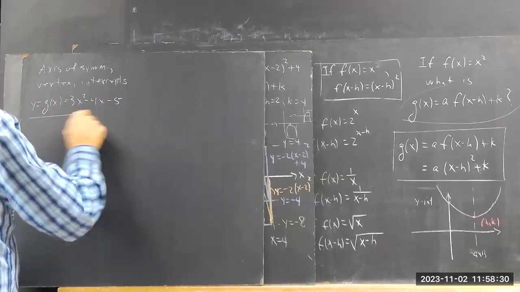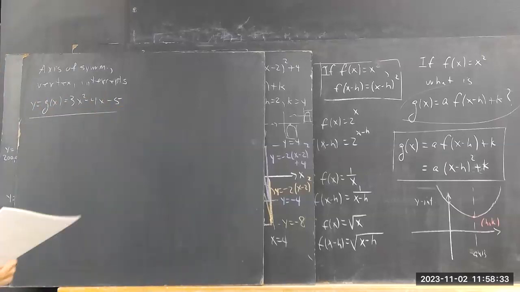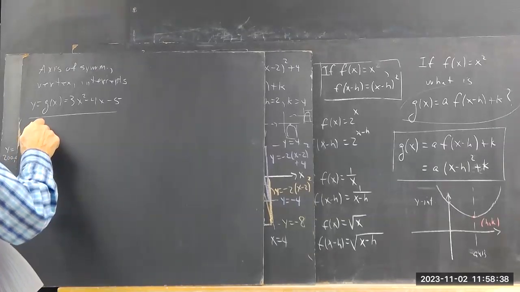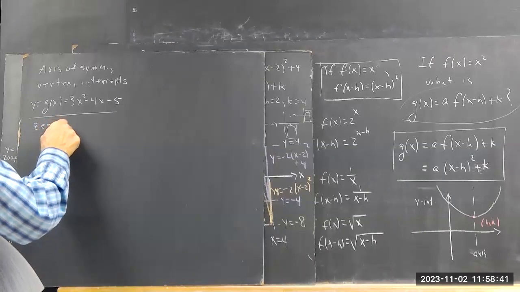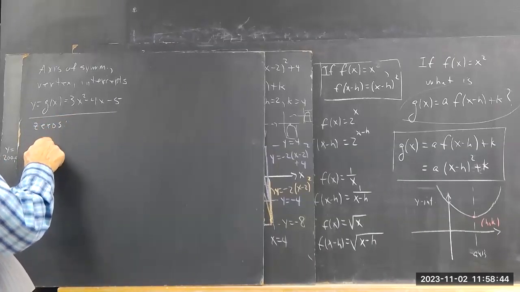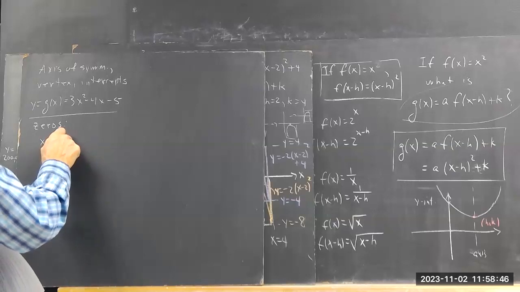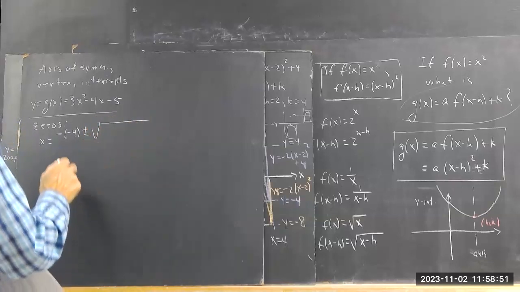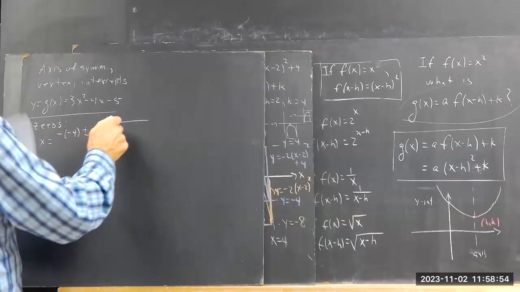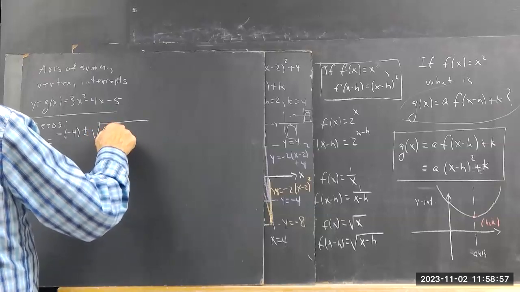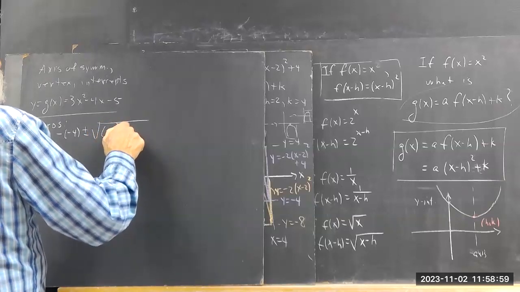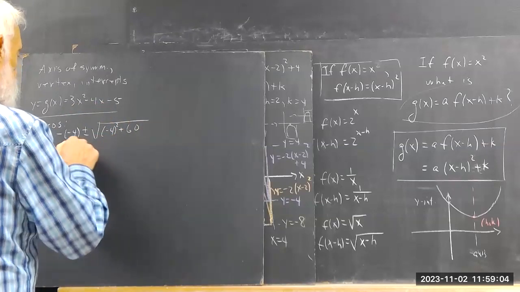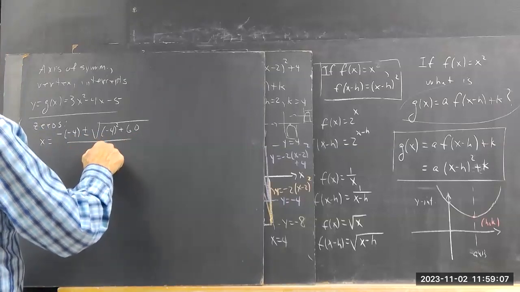Well, I would start out with the quadratic formula because it gives you most of what you need. Find the zeros. X equals the negative of -4, plus or minus the square root of -4 squared, and AC is going to be plus 60, all divided by 2 times 3.